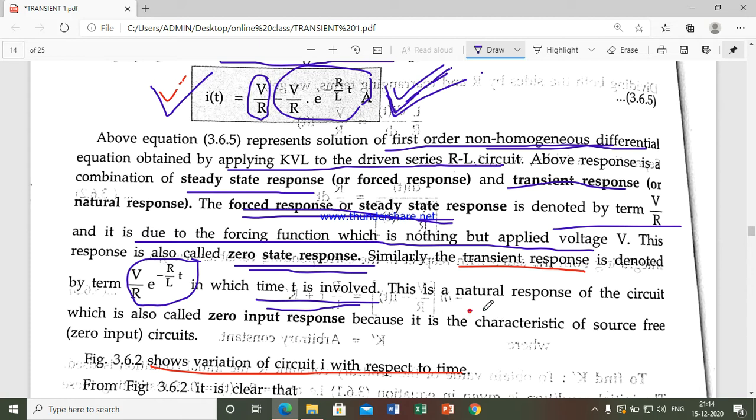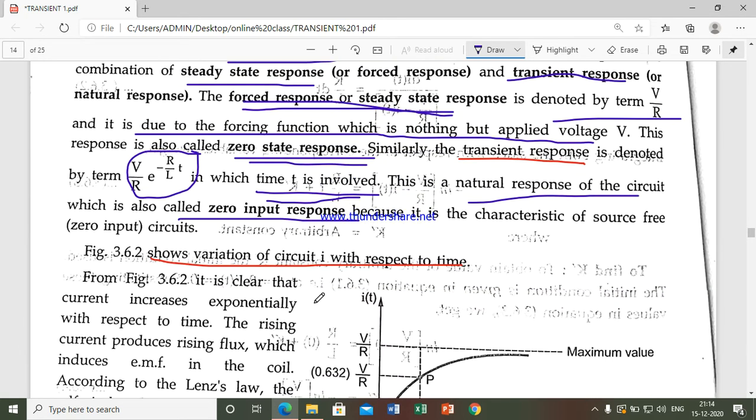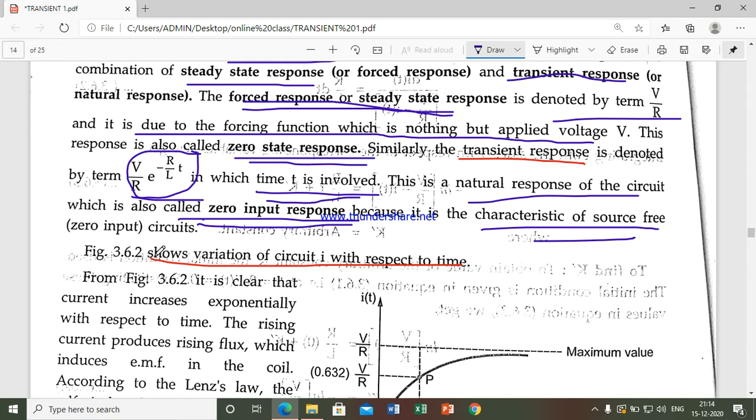This is the natural response of this circuit, which is also called the zero input response, because it is the characteristic of a source free circuit.